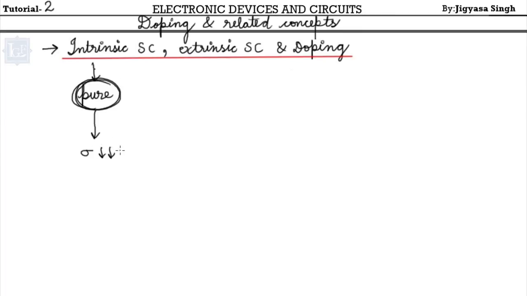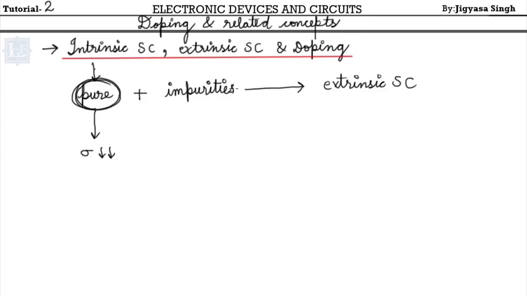And what do we want from semiconductors? We want the conductivity to increase, right? So to this pure semiconductor we added some impurities. And what it gave us is extrinsic semiconductor.